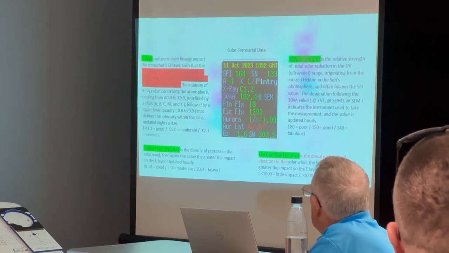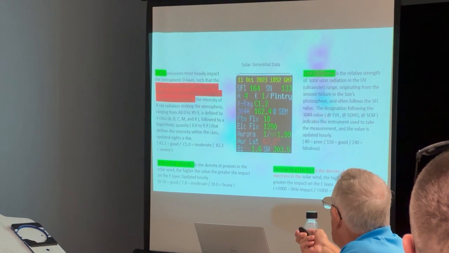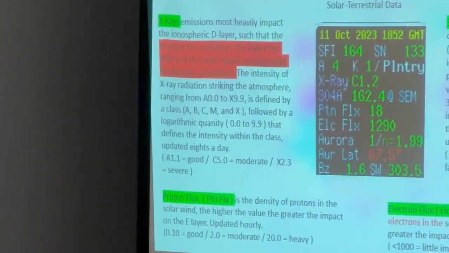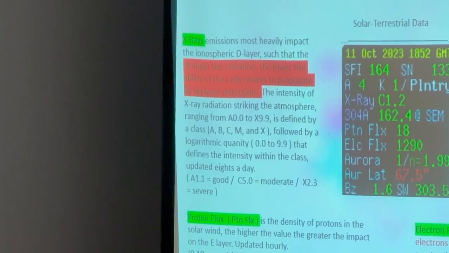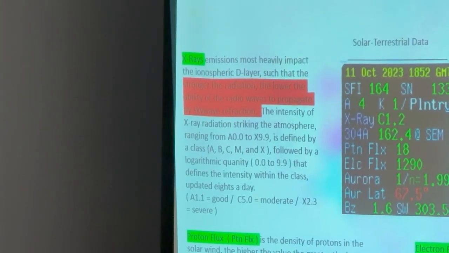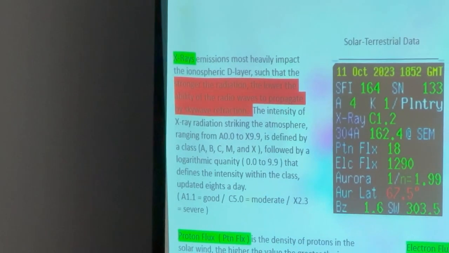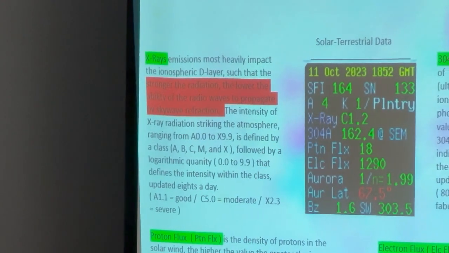The X-ray emissions, this is what ionizes that D layer that I was talking about. And the stronger the radiation, the lower the ability of your radio waves to propagate by skywave propagation.